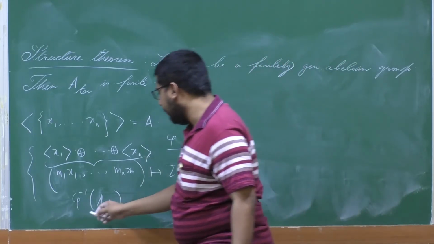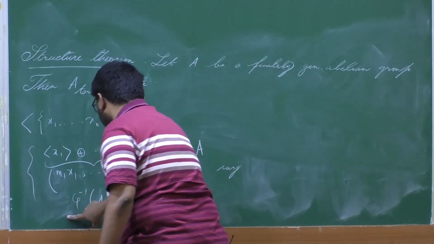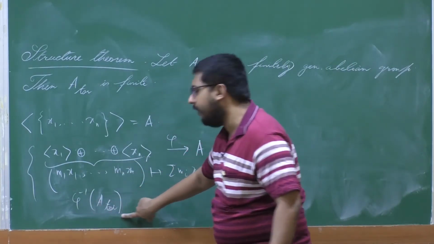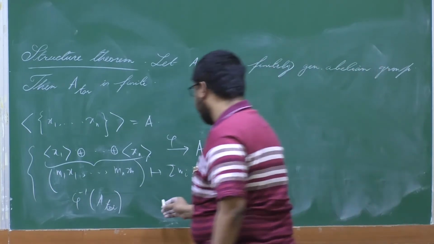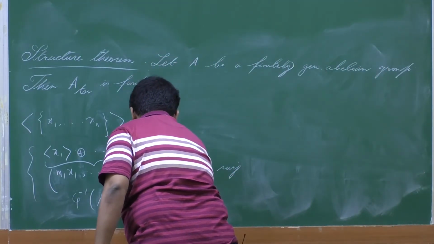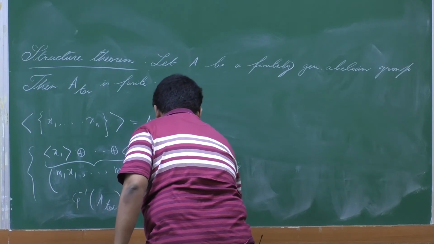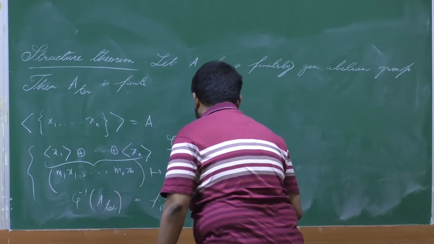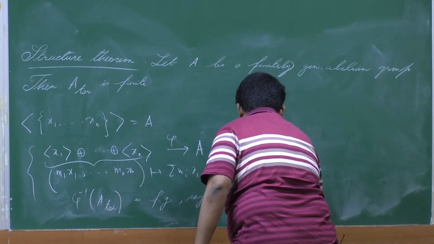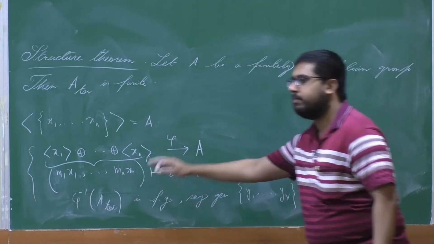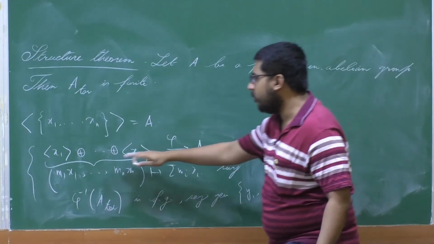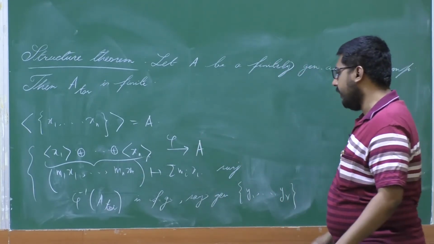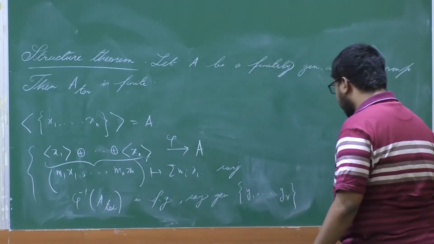Being a subgroup, it will also be a free abelian group, in fact a finitely generated one. So let us say it is generated by y1 up to yr. This is what we obtained from what we have earlier proved, that any subgroup of a free abelian group of finite rank will be a free abelian group of finite rank.